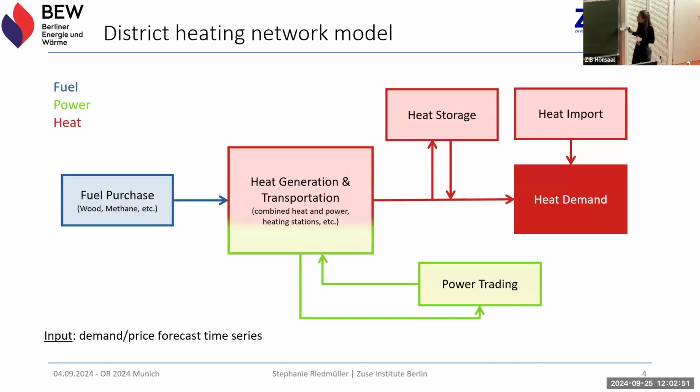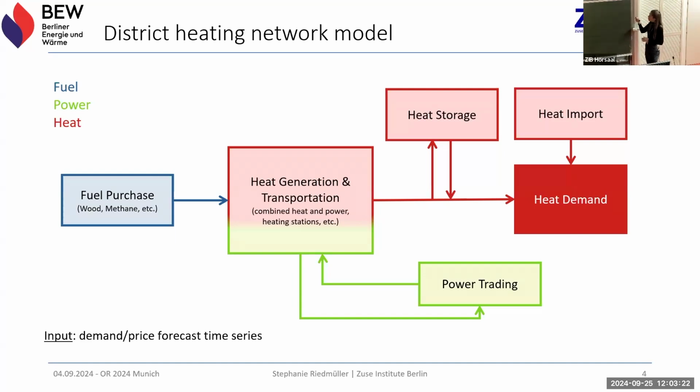Okay, so when we want a district heating network, we can look at it the following way. We can define it as a set of heating generation and transportation systems, like a network. And these heat generation technologies could be heating stations that just produce heat from fuel, or combined heat and power plants that produce heat and power at the same time, or different other technologies.